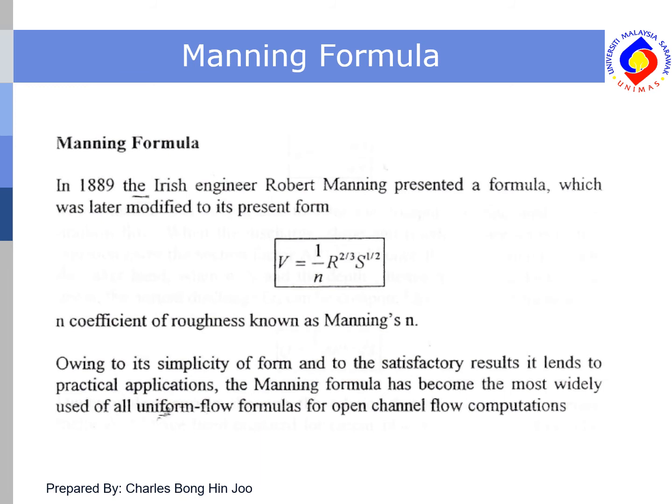Because this equation is quite simple and produces satisfactory results, it is quite useful in many practical applications and is the most widely used uniform flow formula for open channel flow computations.